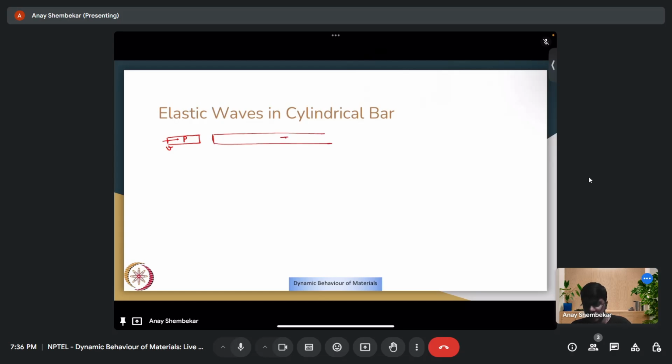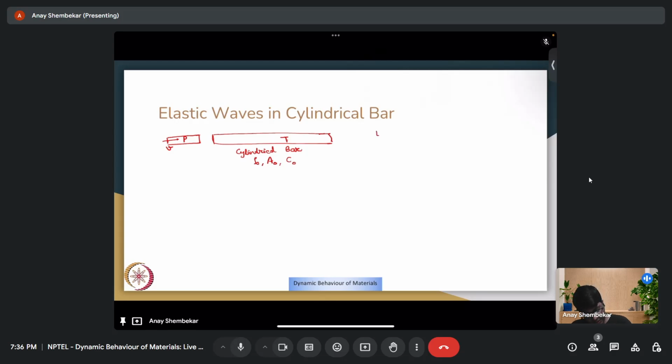This is my target T. Target T is a cylindrical bar with properties as rho naught, E naught, and C naught as my speed of sound.